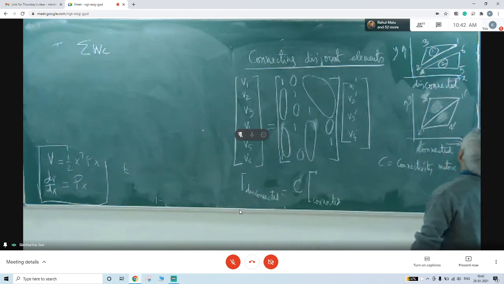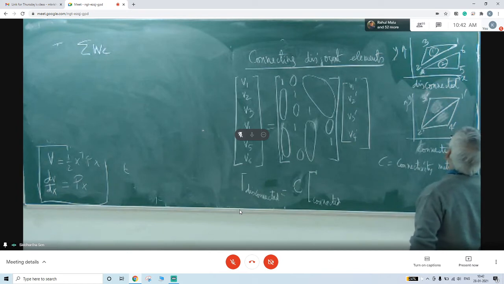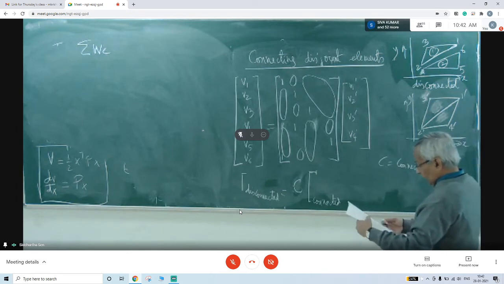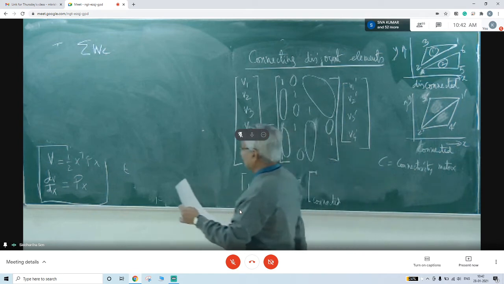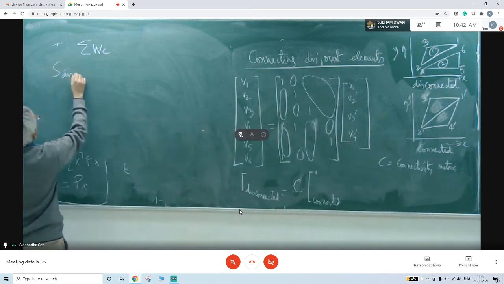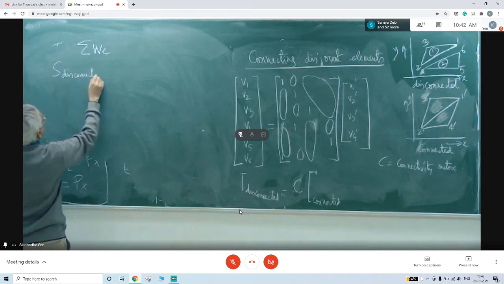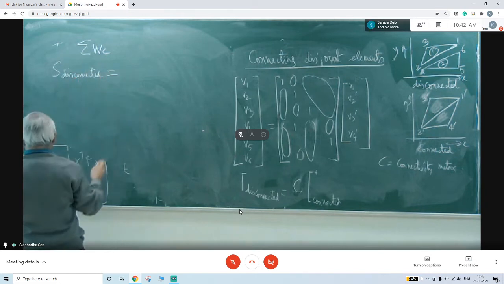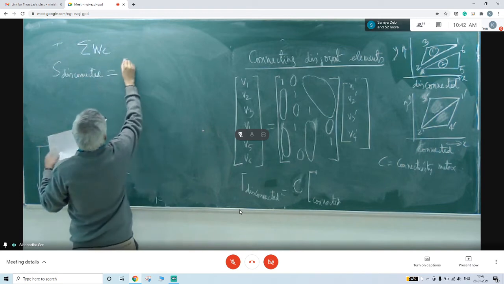And if we consider each of them individually, what will happen is that S disconnected is basically, they do not have any connection there.